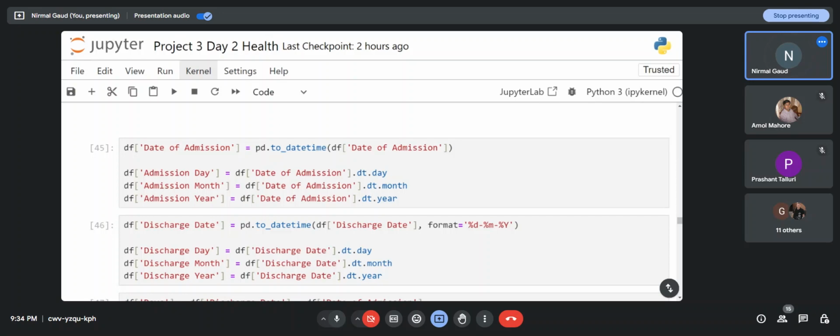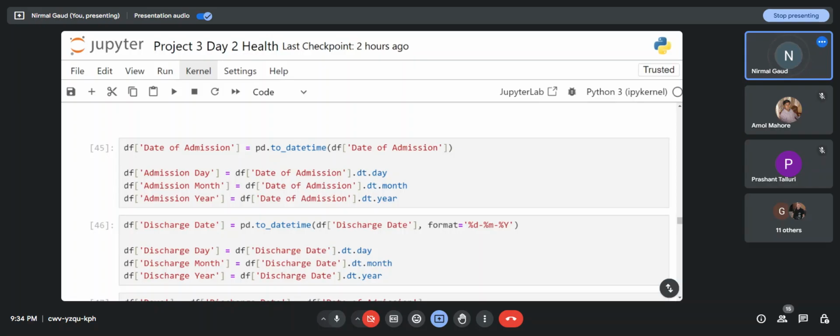Like it's told, test results will be considered as our target feature, which is having three categories: normal, abnormal, and inconclusive. Okay, so the test results are based upon the biological factors, the biological impact.